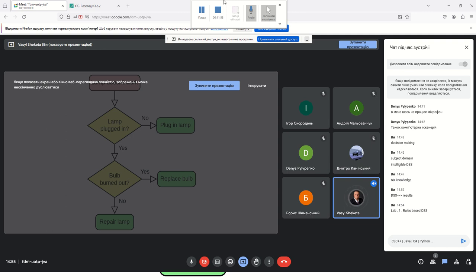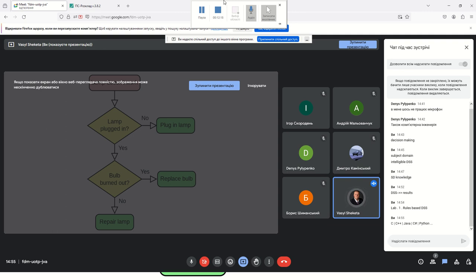So I put here many dots. Once again, what languages? C, C++, Java, C#, Python, and so on.